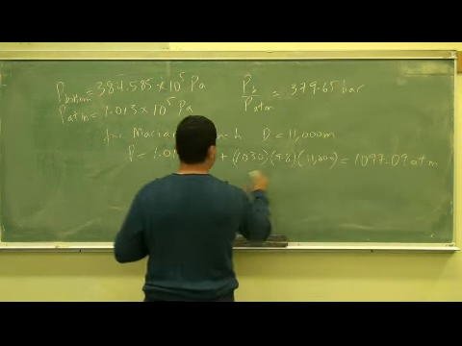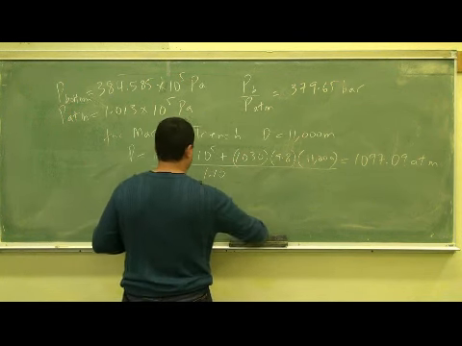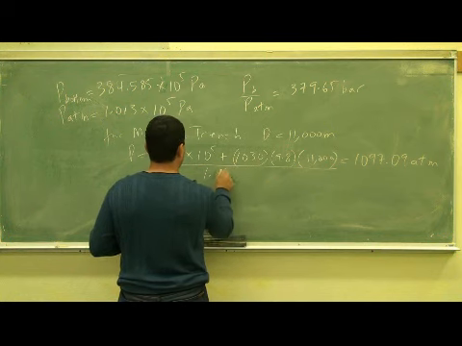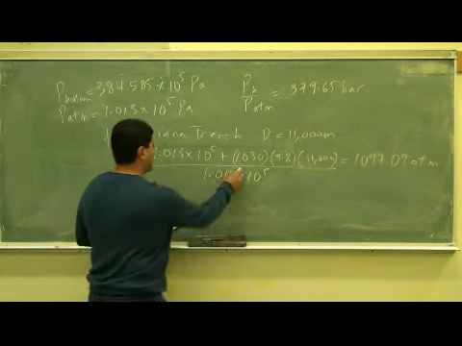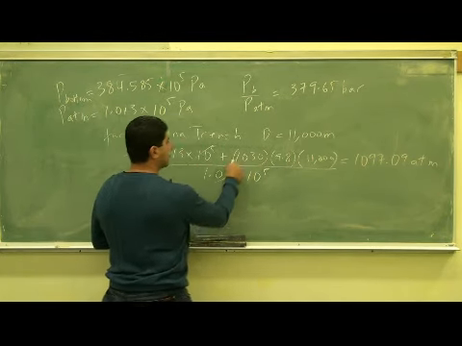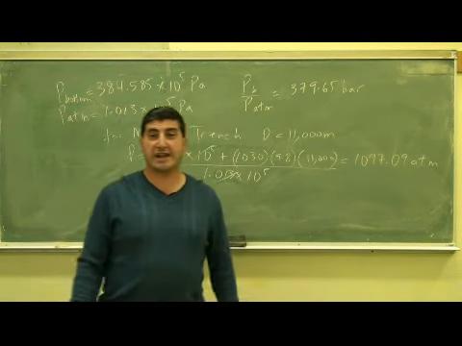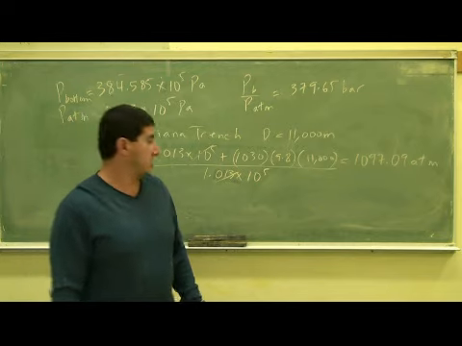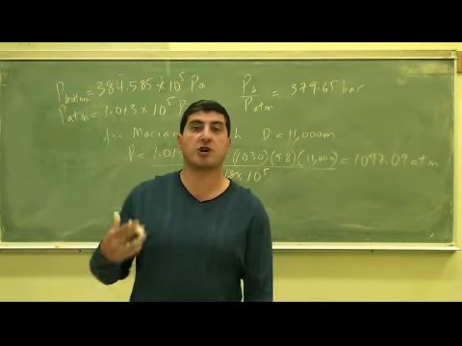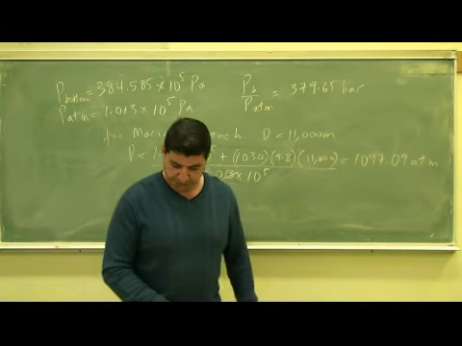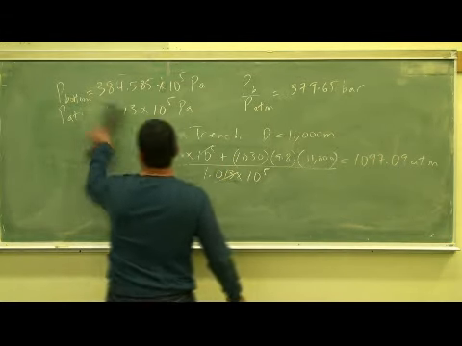What I did is divide this whole thing by 1.013 times 10 to the 5th, and this cancels, and basically you get 1 plus the ratio of these two. You get 1,097.09 atmospheres. That is amazing how much pressure that is. Only the strongest submarines can ever get there. Okay, now let's go do example 2.